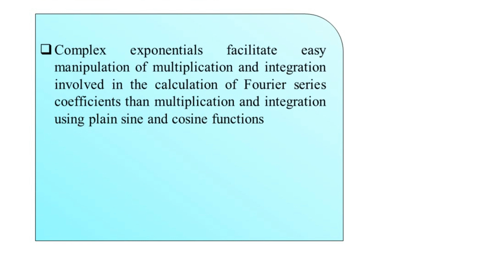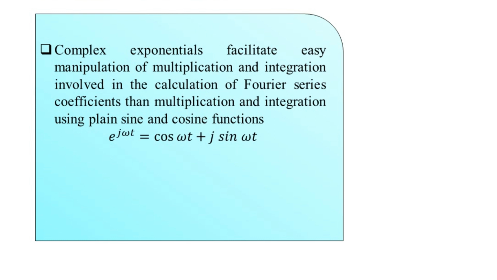So if we first try to visualize the complex exponential e to the power j omega t, where omega is equal to 2 pi divided by the time period capital T, here we have de Moivre's formulation: e to the power j omega t is equal to cosine omega t added to j times sine omega t.